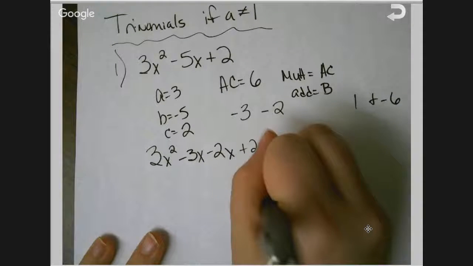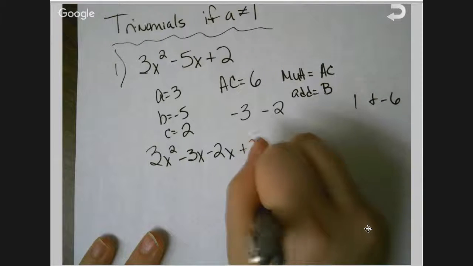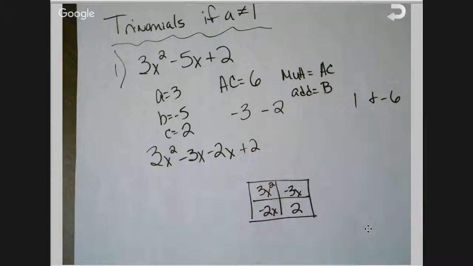So I have 3x squared minus 3x minus 2x and 2. Are there any questions about putting it into the box or anything so far?